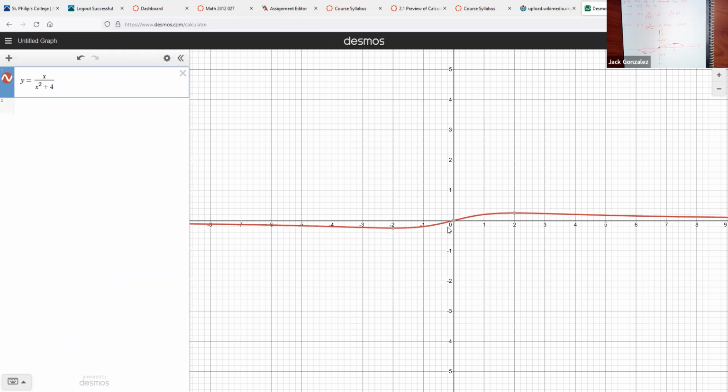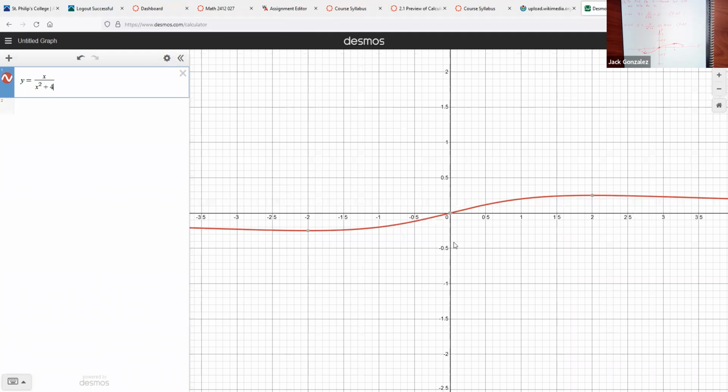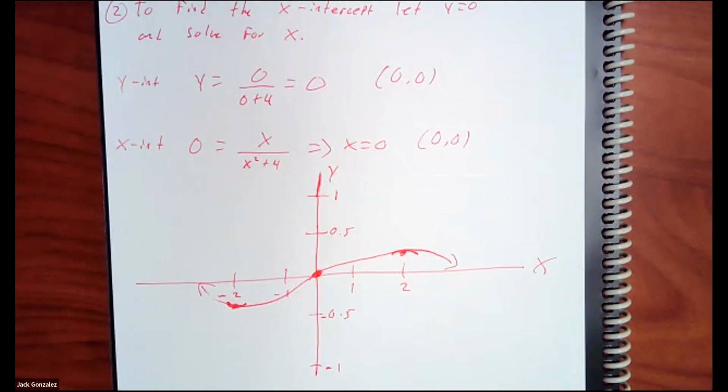Yeah, check it out. It's kind of close, right? Not too shabby. Almost there. It's almost the same.